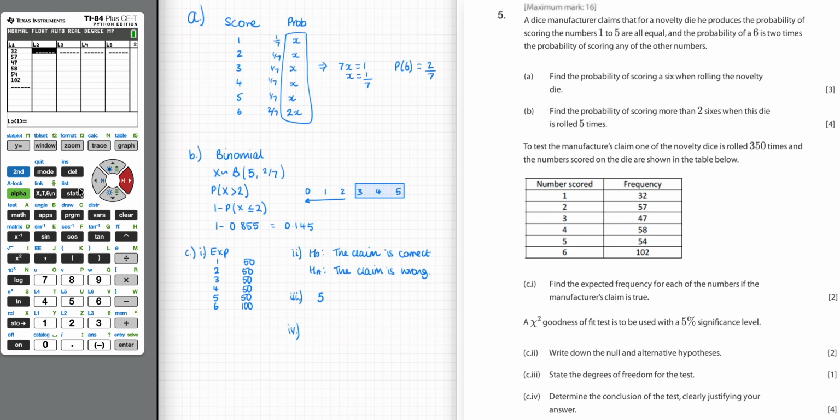And what we were expecting to see is 50 for each value, but 100 for the last one. Sorry, 50 for all of them and 100 for the last one.